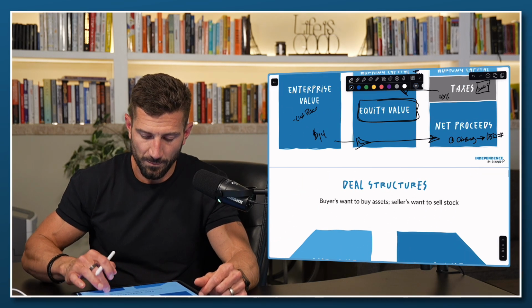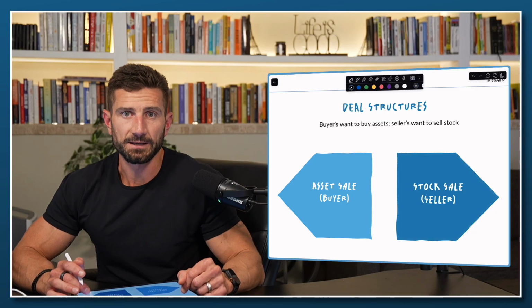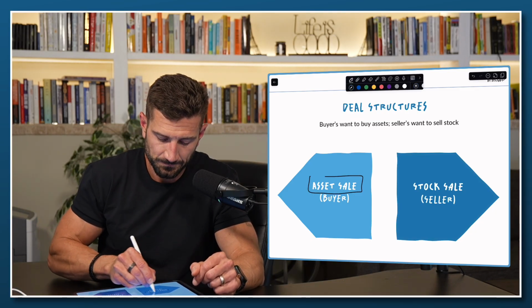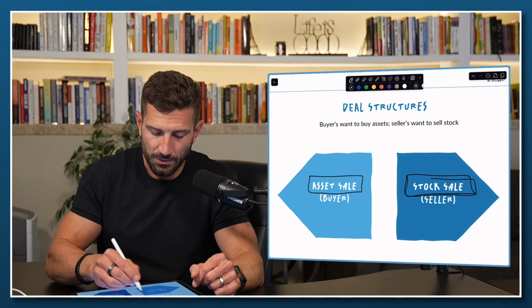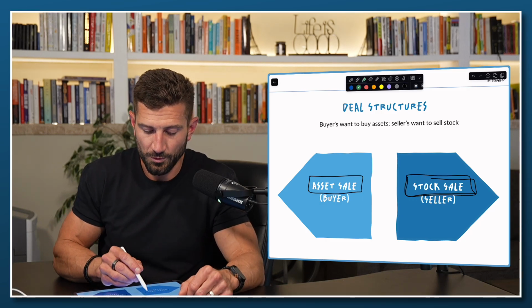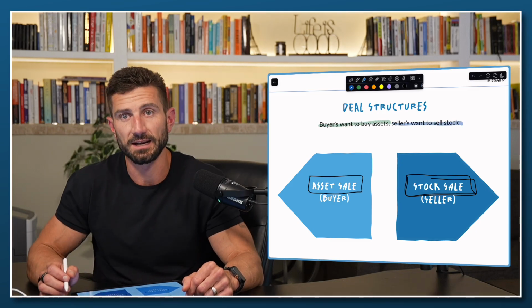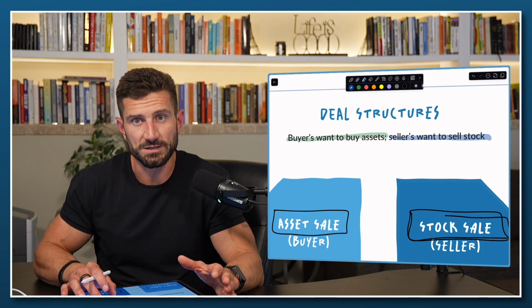So the biggest decision that any deal has to make is an asset sale versus a stock sale. If there's a rule of thumb worth remembering, buyers want to buy assets and sellers want to sell stock. There's a lot of reasons behind this.